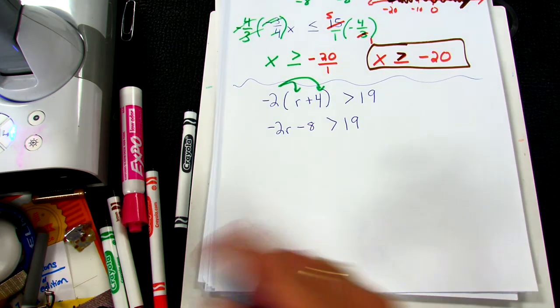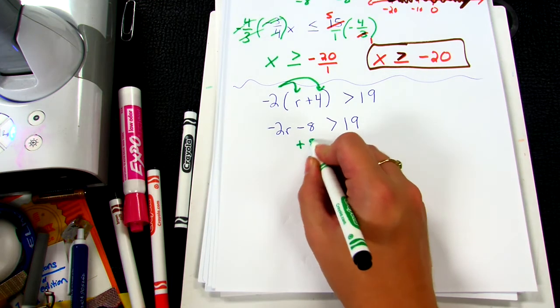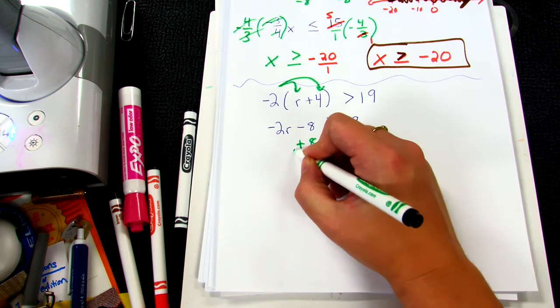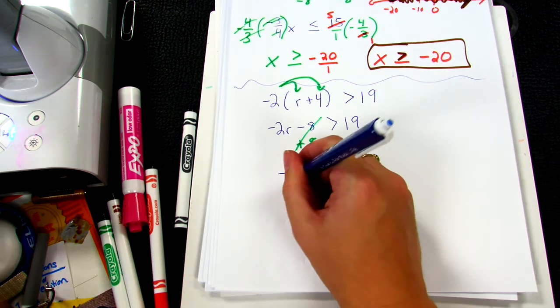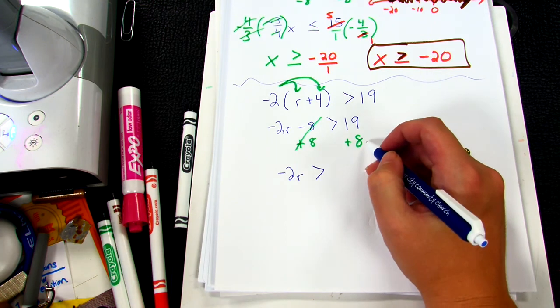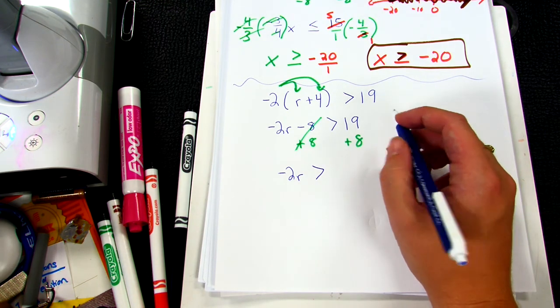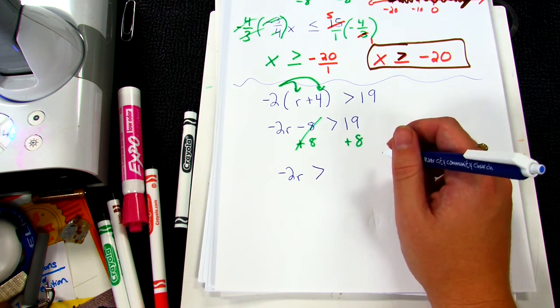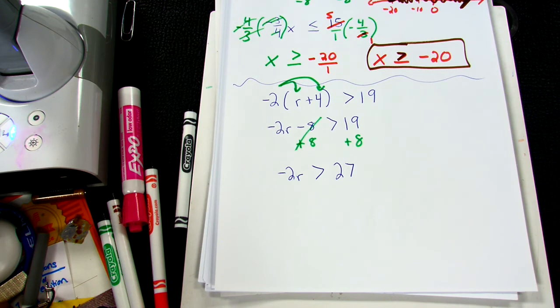Now I have a two-step equation. So the first thing I'm going to take care of is my addition and subtraction. So I'm going to plus 8 on both sides, so that way this cancels. Leaving me negative 2r is greater than 19 plus 8 becomes 27. There we go, 27.